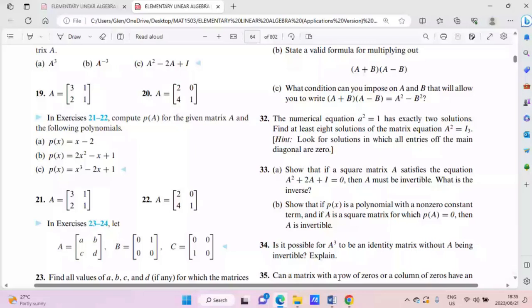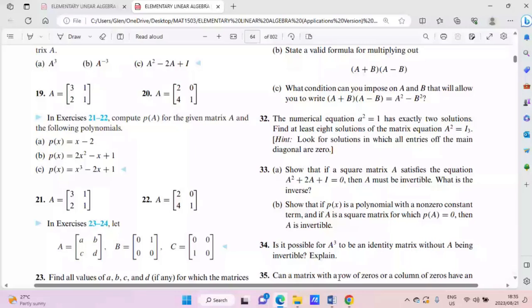Then the second entry in the first row, it will be A times F, which becomes AF, plus B times H, which is BH. Do we agree? Yes, I agree. Now we are going to the second row.